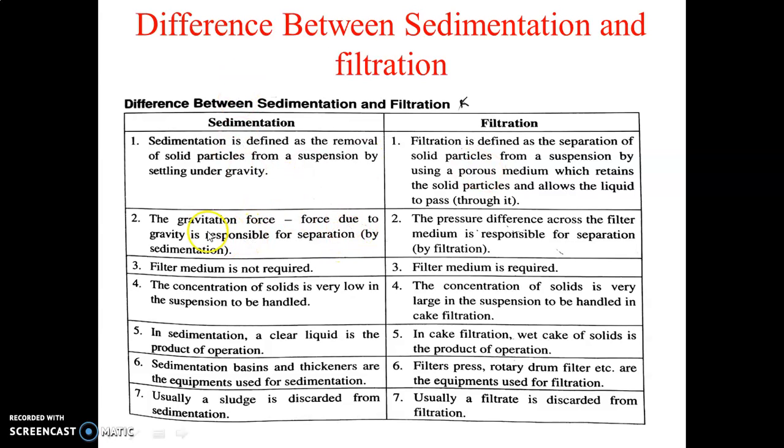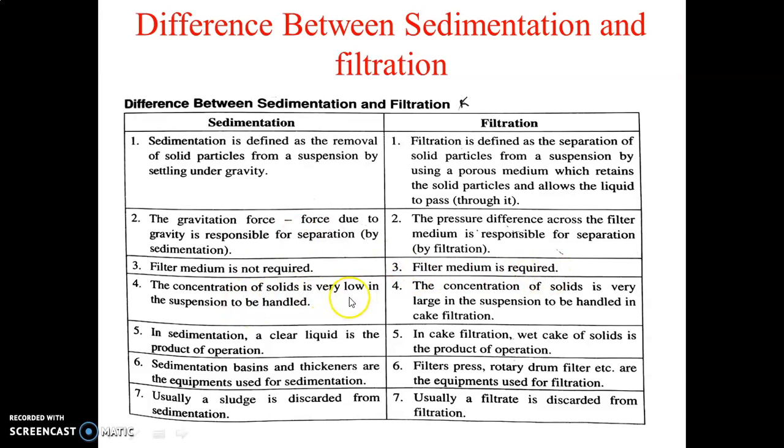Then in case of sedimentation, gravitational force is the responsible force used for the separation, and in case of filtration we are using the pressure difference across the filter medium, which is responsible for separation. In case of sedimentation, the filter medium, maybe filter cloth, is not required, and in case of filtration the filter medium is required.